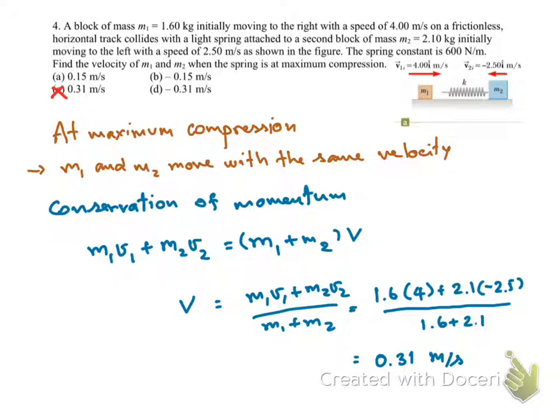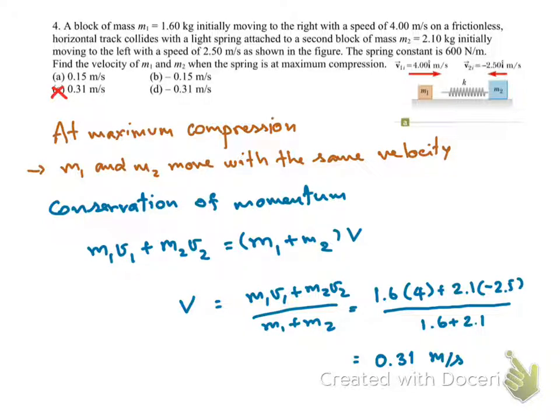It collides with a light spring attached to a second block of mass M2. This is M2 of 2.1 kilogram, initially moving to the left with a speed of 2.5 meters per second. So if we take the positive direction to the right, this V2 has a negative sign, as shown in the figure. The spring constant is 600 Newton per meter. Find the velocity of M1 and M2 when the spring is at maximum compression.